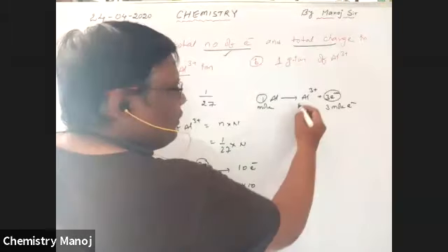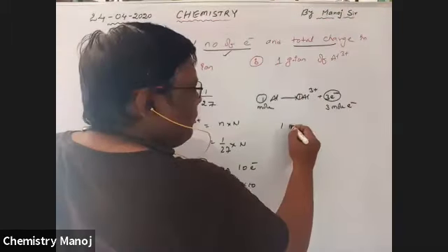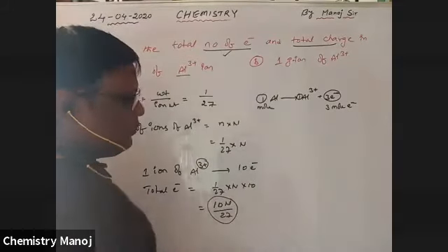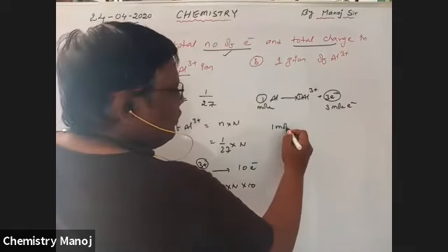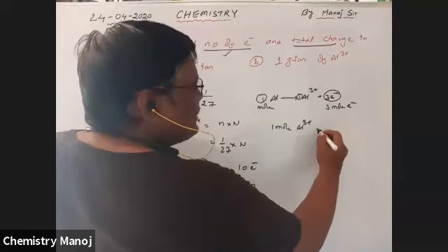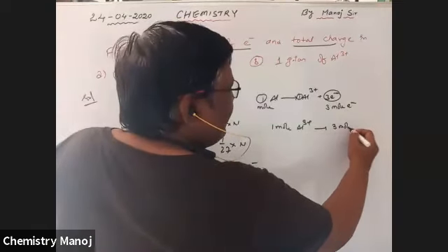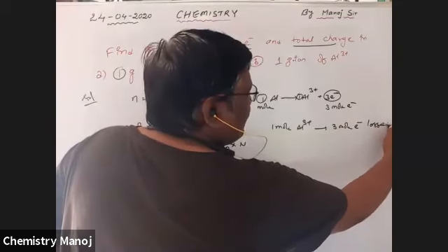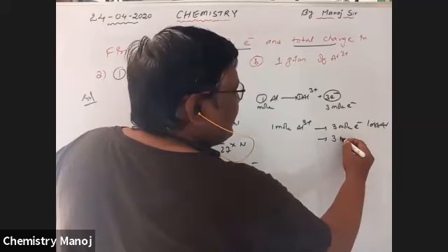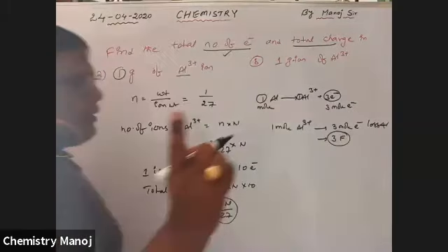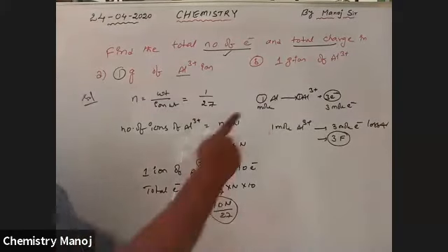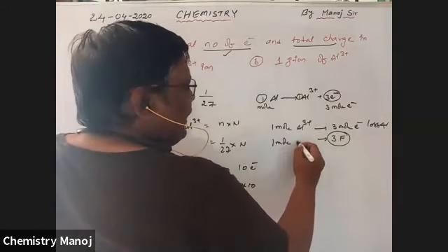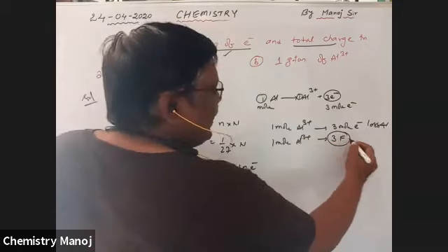That means 1 mole Al3+ lost 3 moles of electrons. 3 moles of electrons means 3 Faraday, because 1 mole of electrons is equal to 1 Faraday. That means 1 mole Al3+ has 3 Faraday charge.